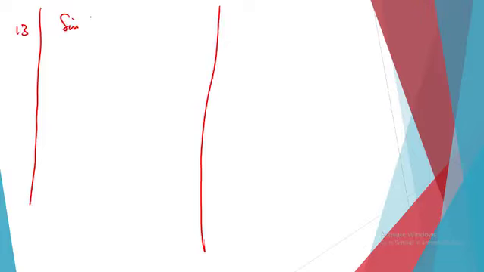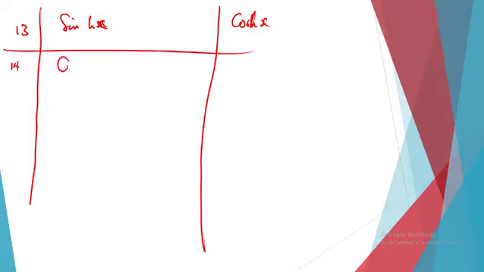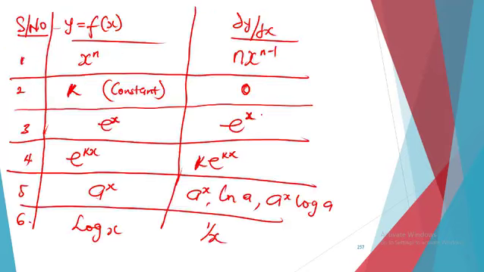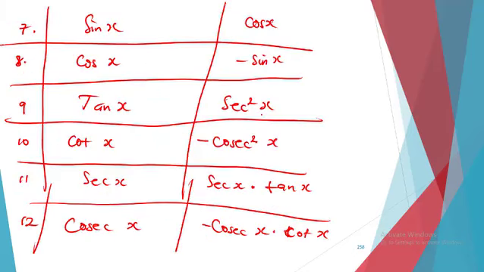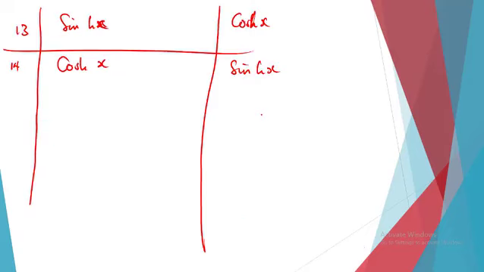Number 13, if we differentiate sinh x, we have cosh x. Okay. If we differentiate cosh x, we have sinh x. Okay. These are the basic derivatives you need to have in mind while solving differentiation.